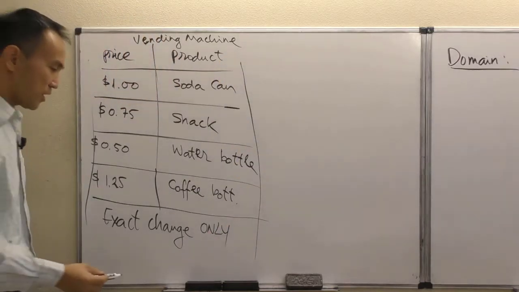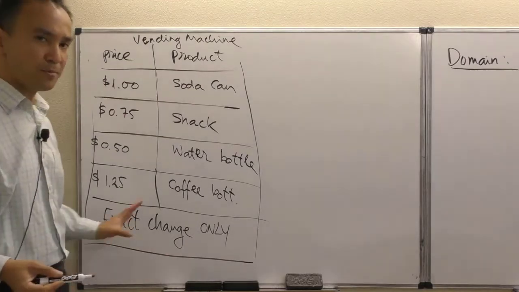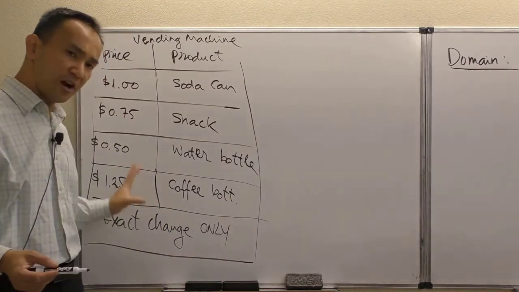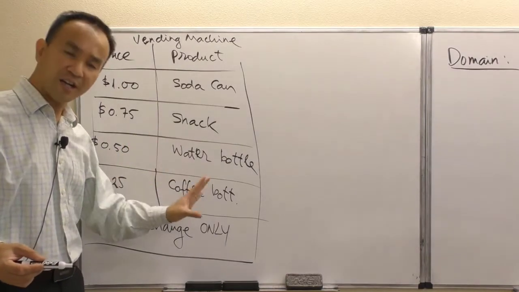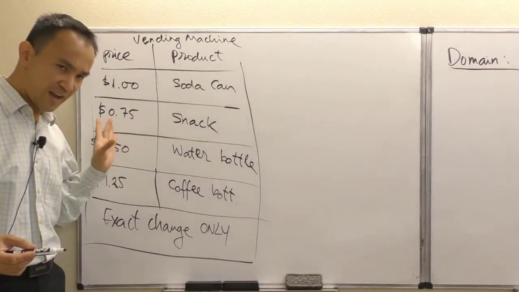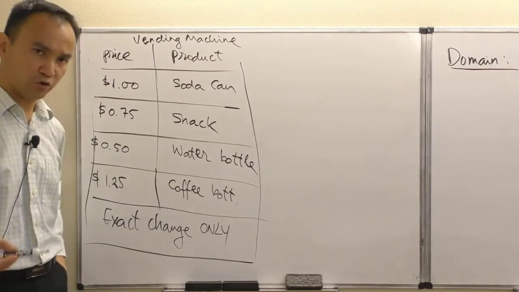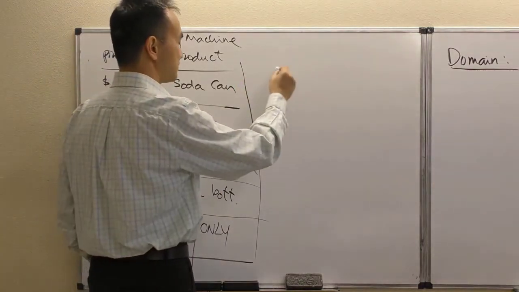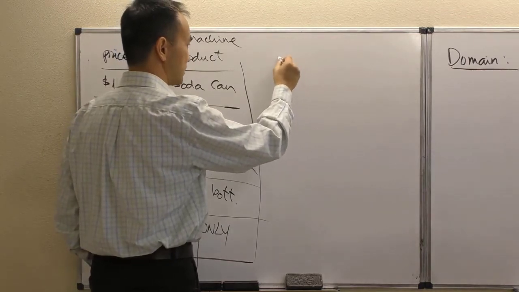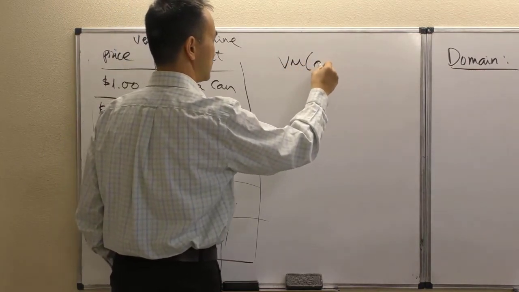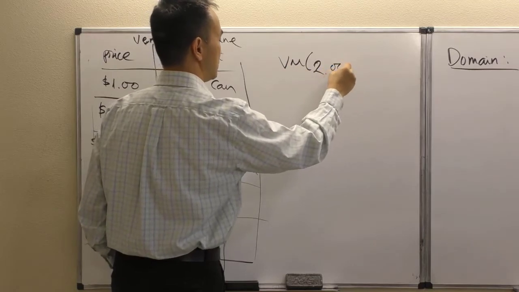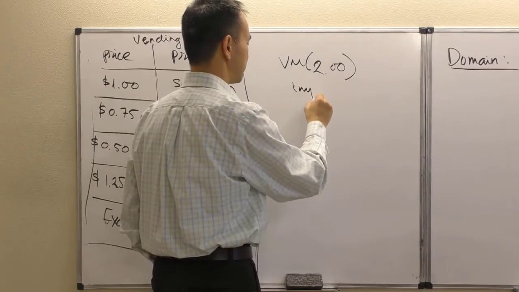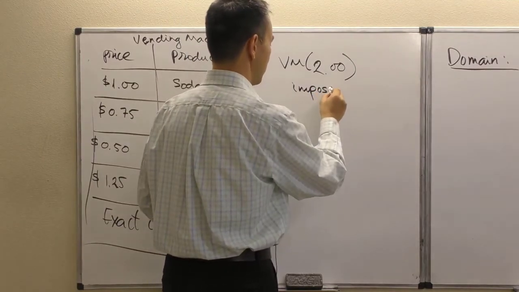So in that way, I already pointed out when I was introducing the domain, this function, once it's defined and given to us to work with, takes only... I talked about vending machine VM of 2.00.